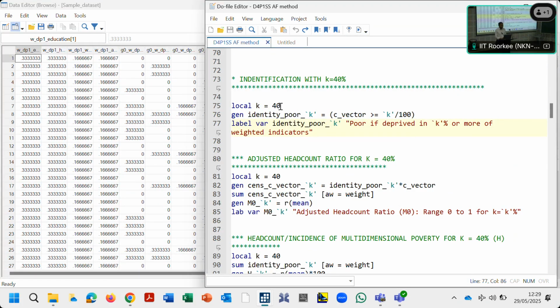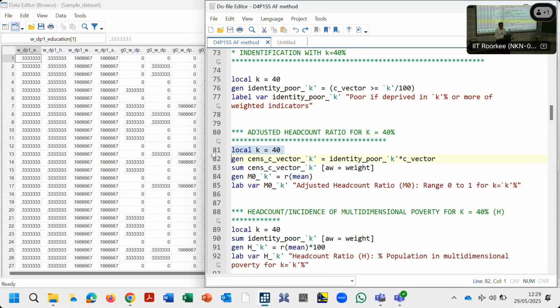So it's 40 over 100. Can't we get local K equal to 0.4 and then not divide by 100? It's totally up to you. Anything that is correct from your side is fine.